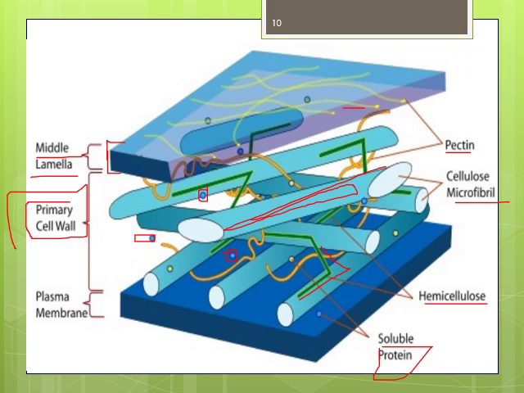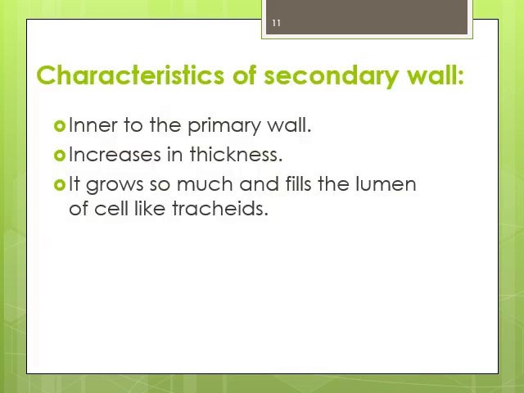Now we discuss the third layer of the cell wall, that is the secondary cell wall. As the increase of surface area of the primary wall stops with the stoppage of growth of the cell, the secondary wall is formed inner to the primary wall.